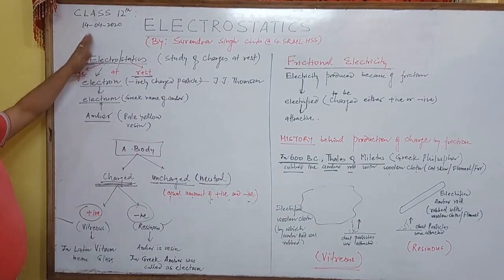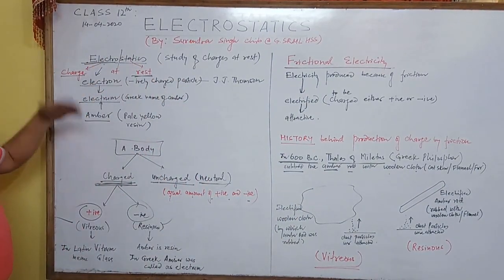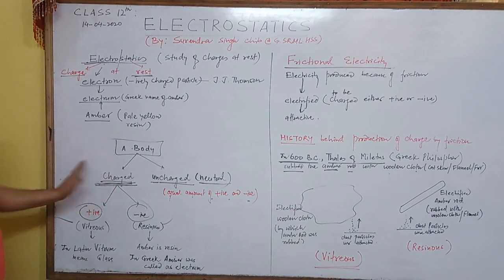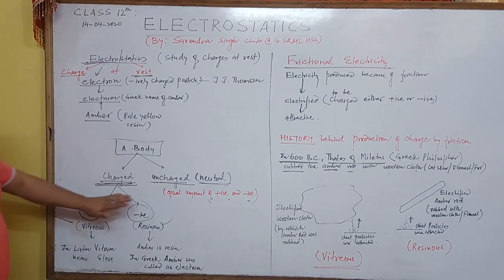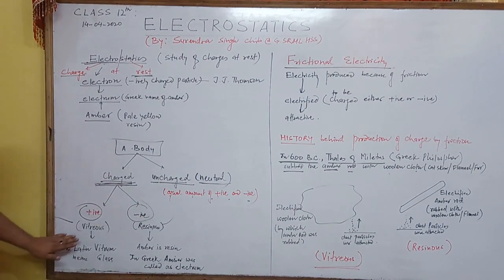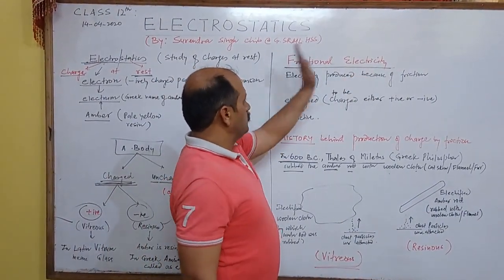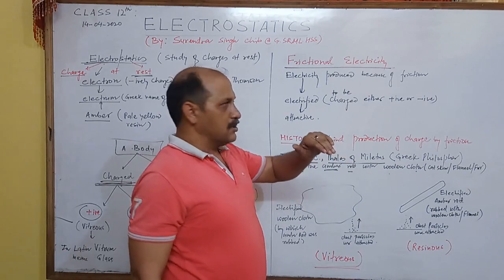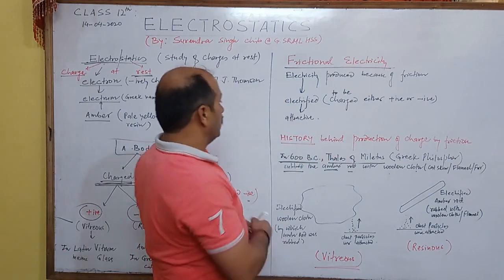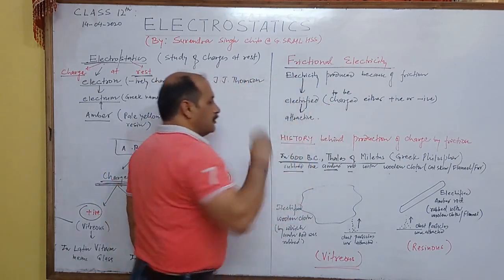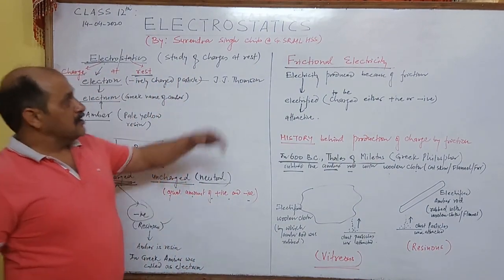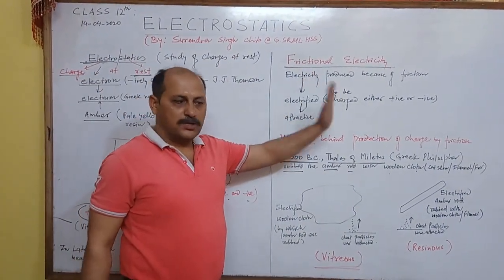What have you got? Electrostatics, charges at rest, electron, two bodies positive or negative, vitreous, resinous, frictional electricity: charge is produced because of friction. There are many ways to produce charges, but later on it was found that charges are produced in pairs.